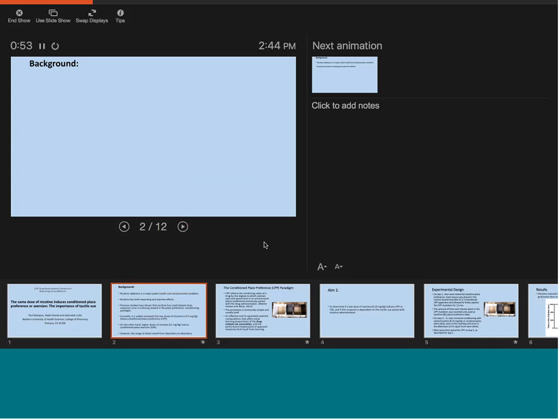As we know, nicotine addiction is a major public health problem. What we notice is that nicotine has both a rewarding and an aversive effect in the laboratory when we are looking at animal behavior.